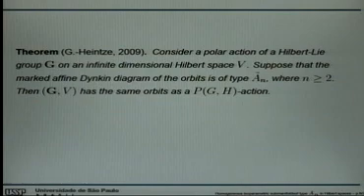So in order to prove this theorem, it's enough to take a principal orbit of this group and to show that this orbit coincides with the orbit of an action of this type on the same space.